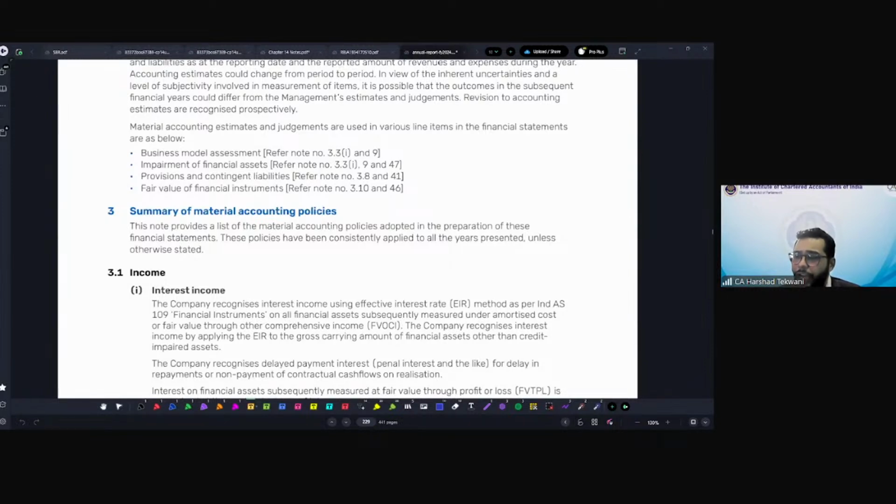Is there any other audit report, other form of reporting applicable to the audit of a bank? Yes or no? What do you think? Is there anything other than this normal reporting?